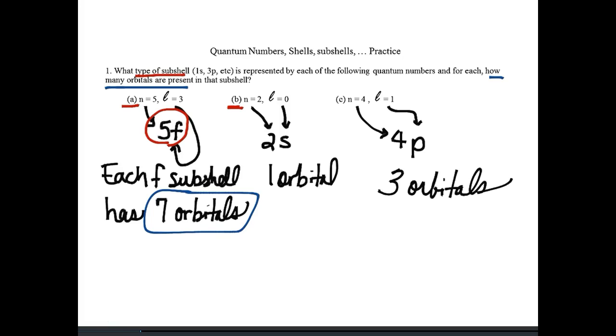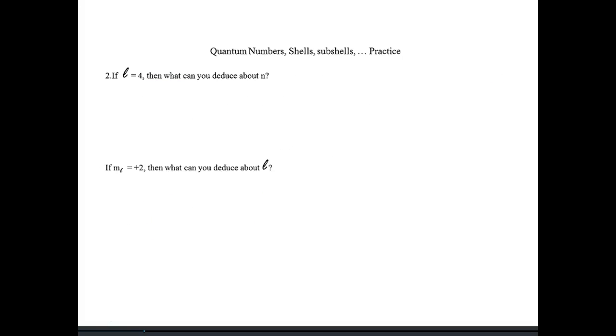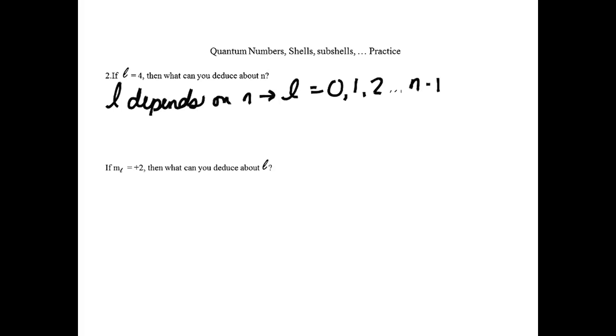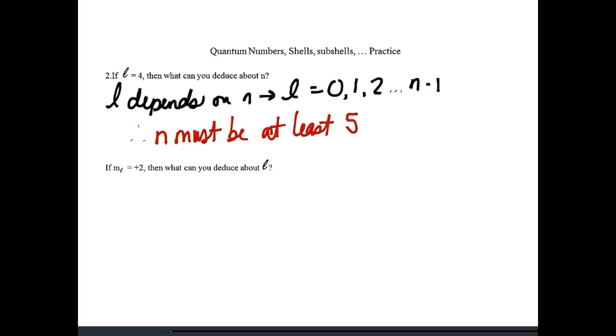Part 2, if L equals 4, then what can you deduce about N? Well, we know that L depends on N, that L starts at 0 and can go all the way up to N minus 1. So based on the fact that L equals 4, that tells you that N has to be at least a 5.